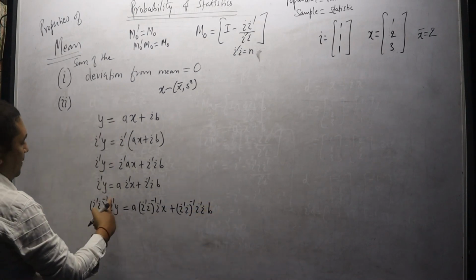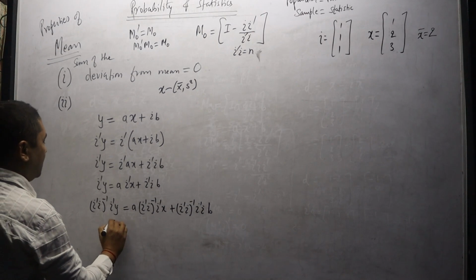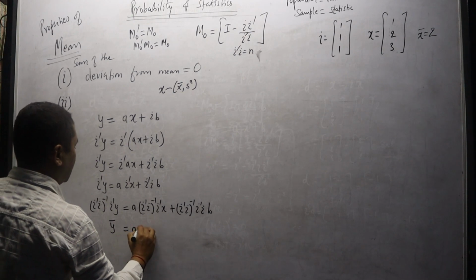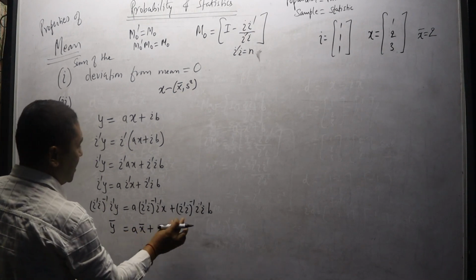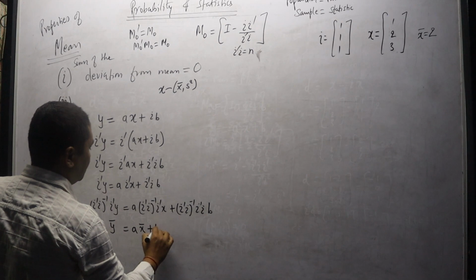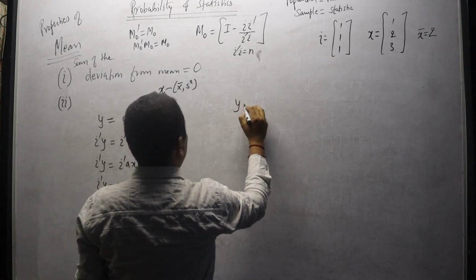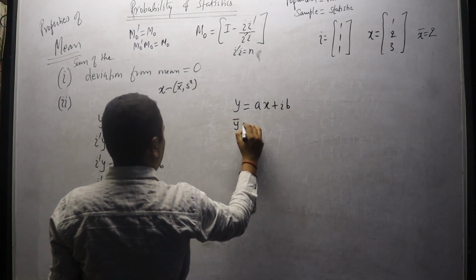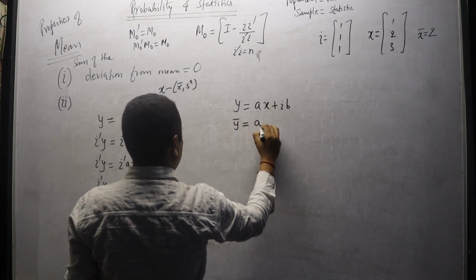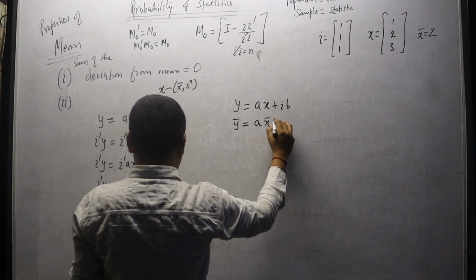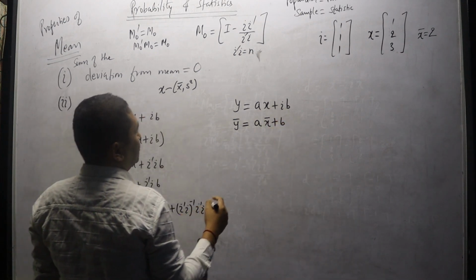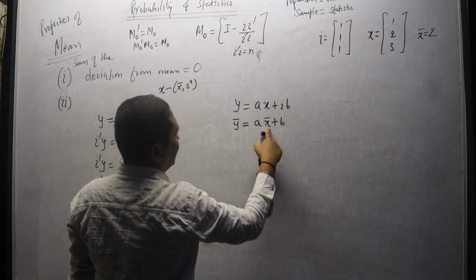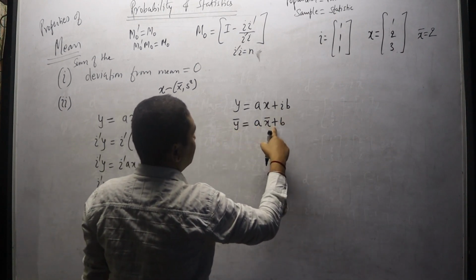This is the average: y bar equals a times x bar plus, as they cancel out, b. So we started off with y equals ax plus ib, and we ended up with this relationship. The average of y is the average of x scaled by the factor a plus b, so the origin is shifted by b.